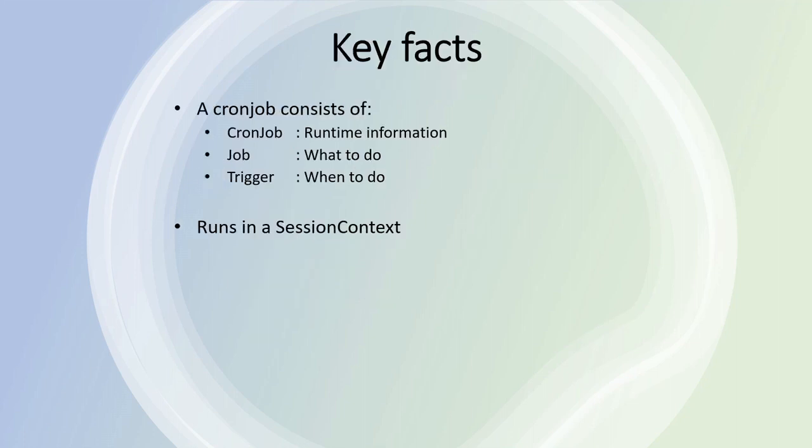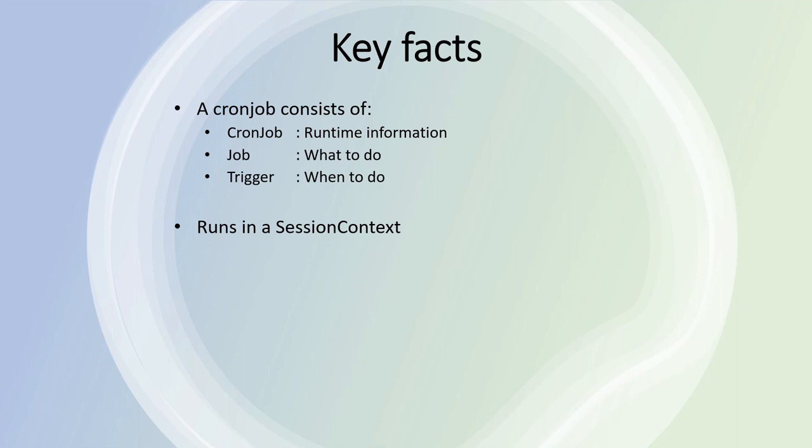Talking about the key facts, a cron job basically consists of a cron job, a job, and a trigger. The cron job holds the configuration for a single run of a job as well as the protocol information like logs. So it contains all the runtime information.